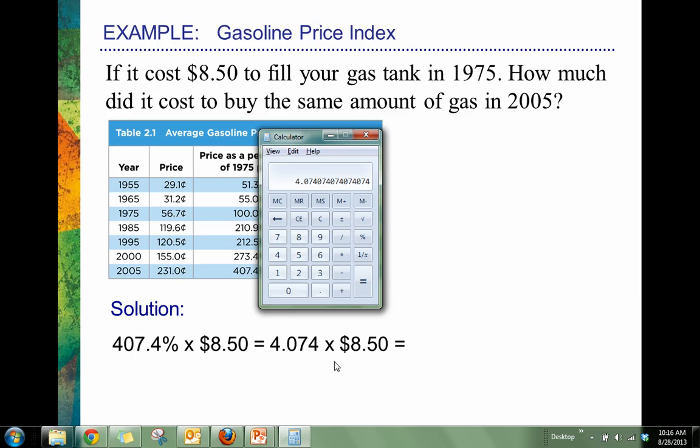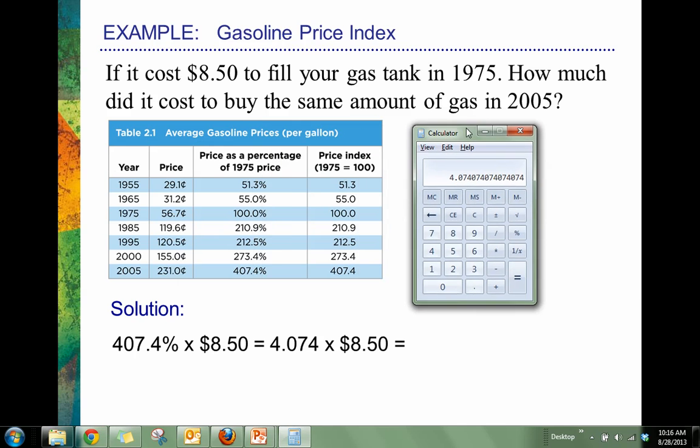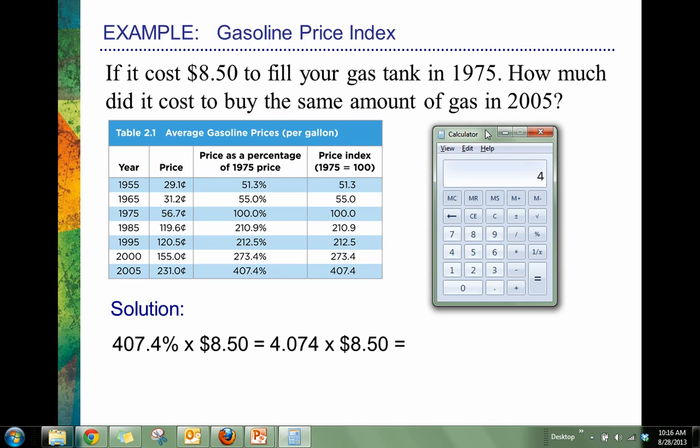Let's pull out our calculator real quickly. So in this case, we would have 4.074 times 850. All right, and that makes sense, right? Because we can see in 2005, people are paying 407% what they'd be paying in 1975. 407% is 4.07 times what you were paying in 1975.